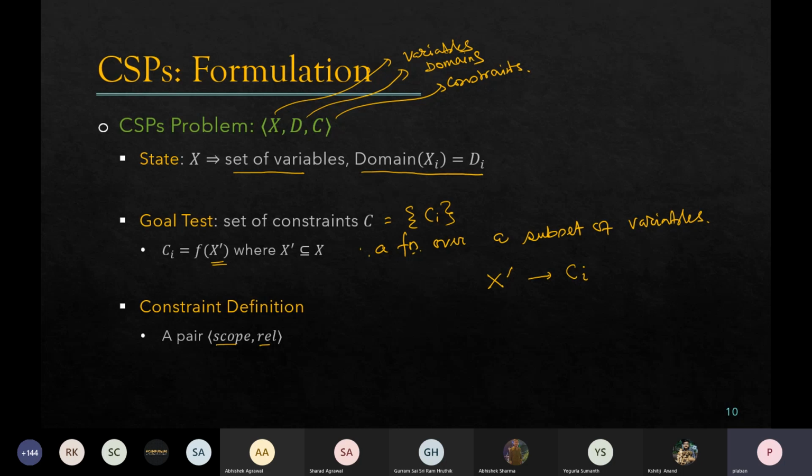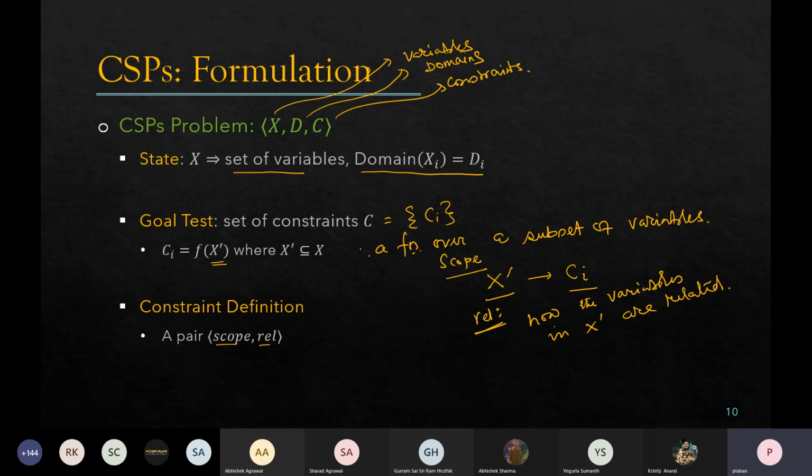So again, I'm repeating: the scope of a constraint is basically the subset of variables x prime which I am using to define my constraint, right? And what is the relation? The relation will tell how the variables in x prime are related, right? So these are the meanings of these two components of a constraint.